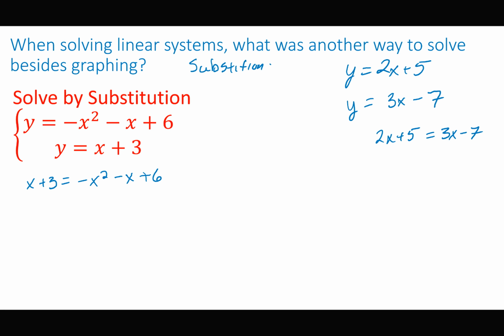Let's go ahead and put all my x's on one side. And so let's subtract x from here, and let's actually subtract 3 from here as well. We can only combine like terms. And so now I have 0 on the left, negative x squared minus 2x plus 3, equaling 0, which now opens up a whole bunch of ways that we can solve.